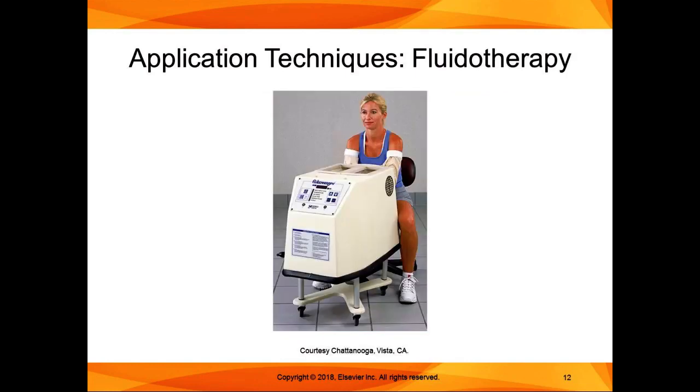Fluidotherapy, it's this little unit. It has a circulating medium, so it uses convection to transfer heat. It looks like cracked corn. I'm not sure what it's exactly made out of, but it's inside the machine. The machine heats it up.